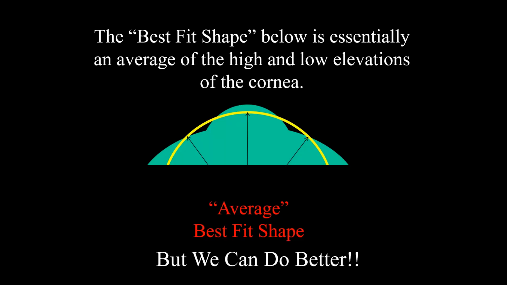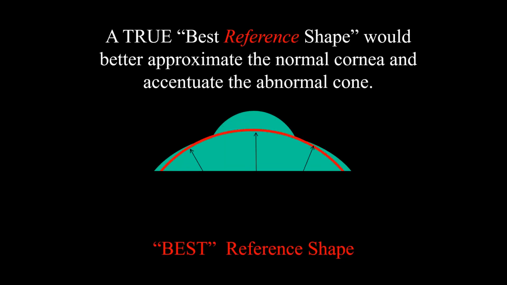But we would really like to maximize our ability to visualize that pathology. So while this is a best fit sphere, what we would like is a reference shape that more closely looks like this, because this would allow that ectatic or pathologic region to be much more visible. In other words, a much greater elevation off the reference surface.